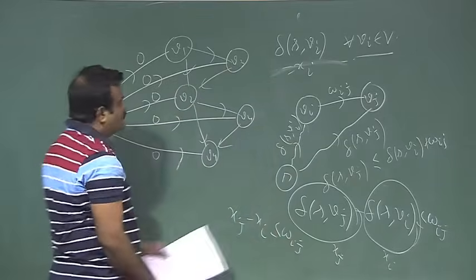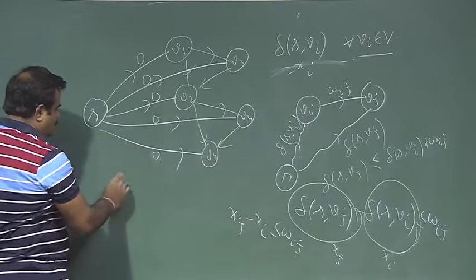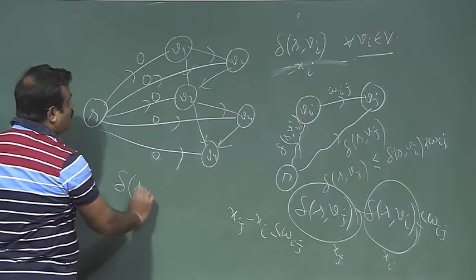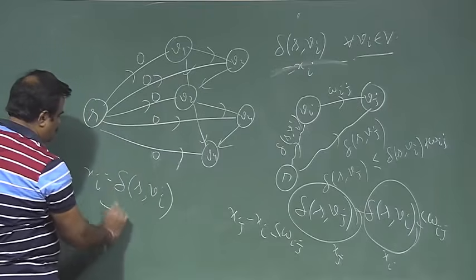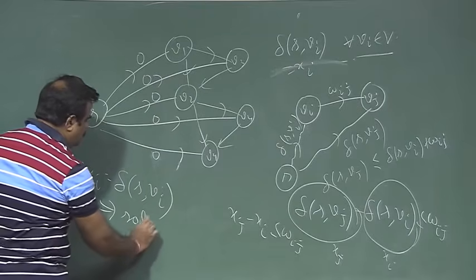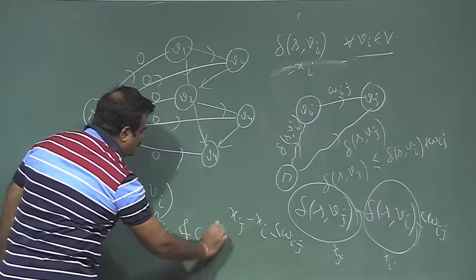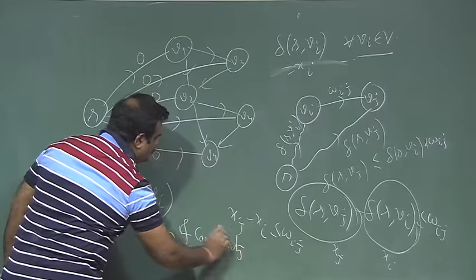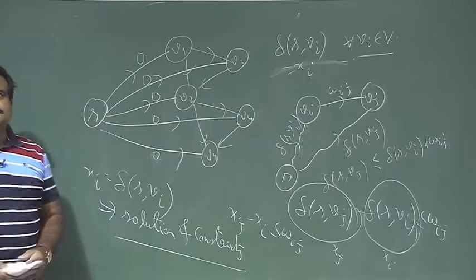So these deltas, delta of S comma Vi, give the solution of the constraints.